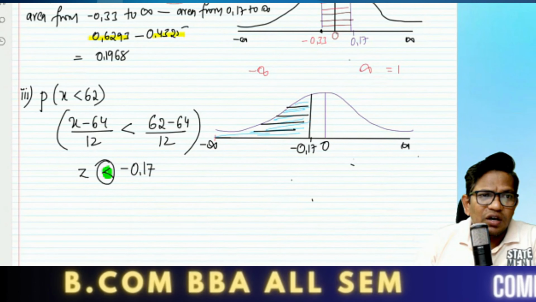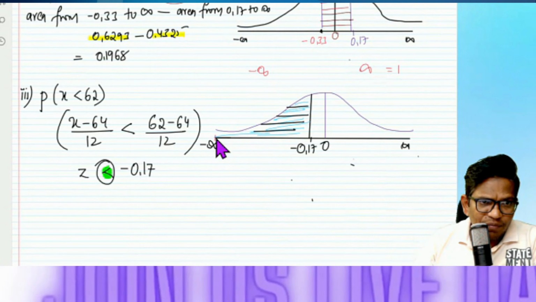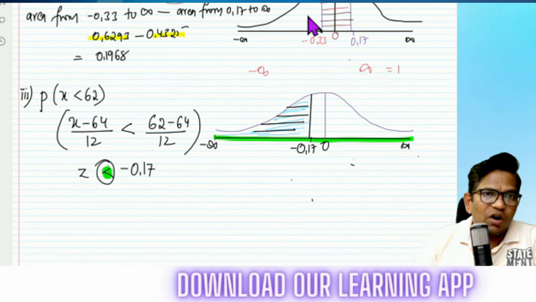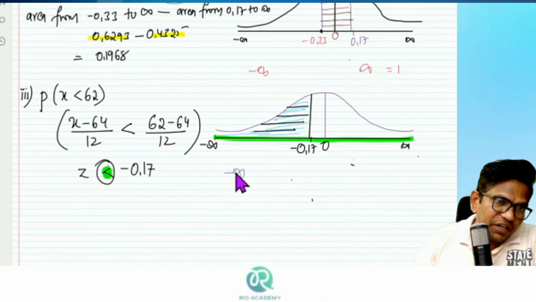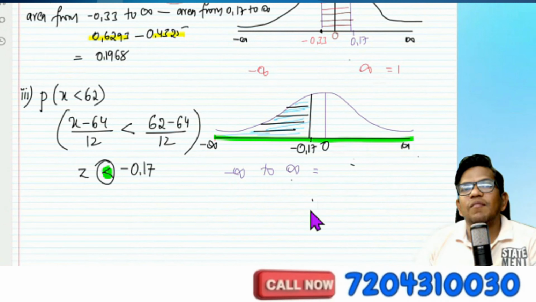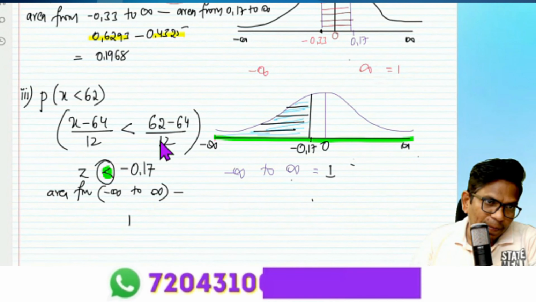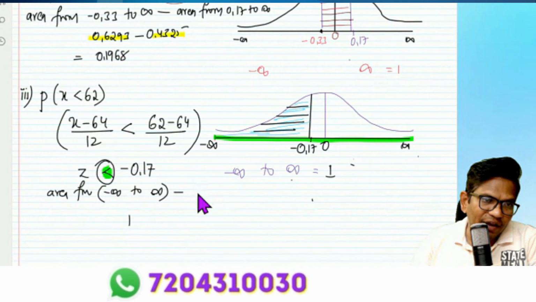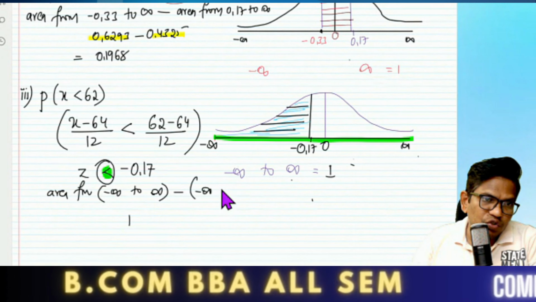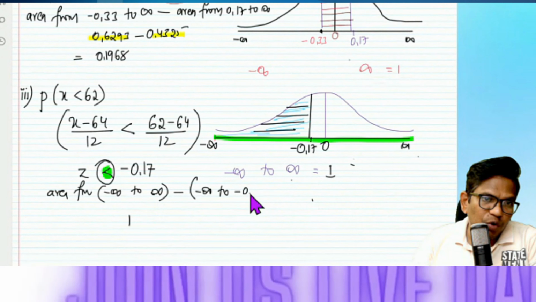Listen children, don't get demotivated. From this point to this point, what is that? Tell me. Minus infinity to plus infinity, how much? 1. Correct. We'll agree on this. So what we do is area from minus infinity to plus infinity, that is 1. Minus. Now what? 0.75, right? So minus infinity to minus 0.17.